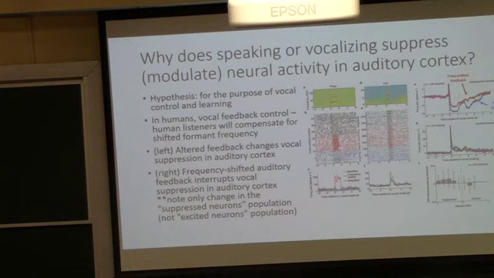And what they see is that humans will actually try to compensate for that, and what ends up happening is that you see altered feedback changes in vocal suppression in the auditory cortex, and that's detailed on the right graph, where you see the middle graph has the red and blue matching up because the excitation population of neurons is not changing. What's changing is that the suppressed neurons no longer overlay on each other, so you have a different response there based on this different feedback. That was a lot, sorry. Does that make sense? Yes.